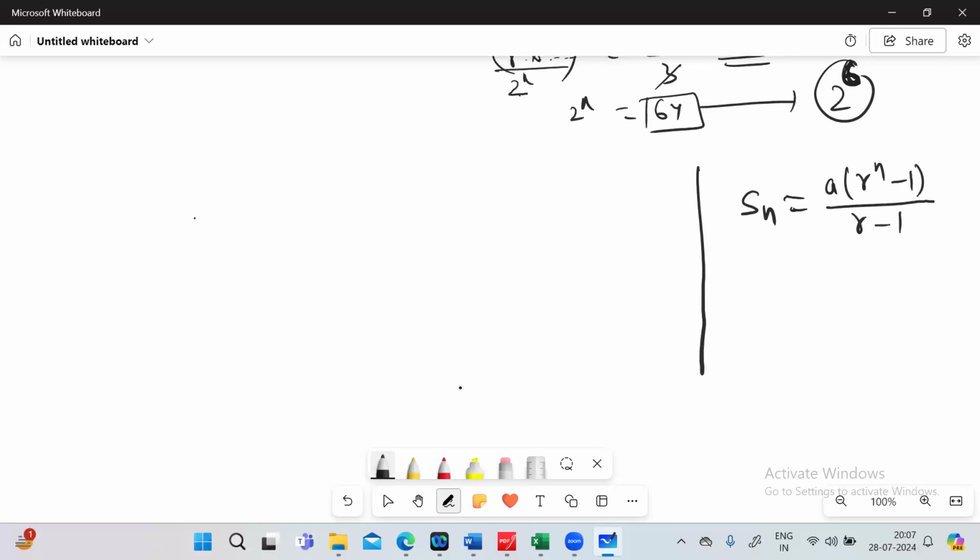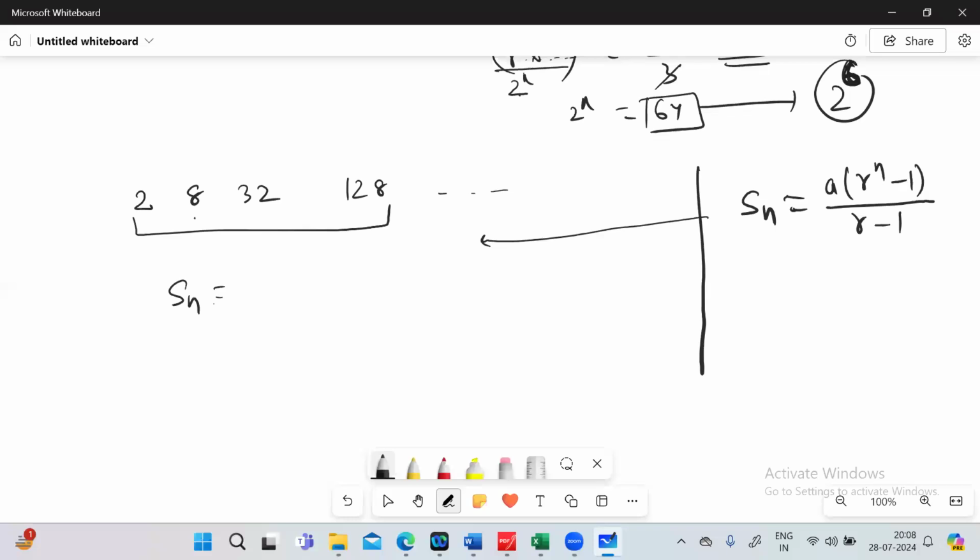So let's say I have a series like 2, 8, 32, 128, like this. And I want to check whether the formula is true for 4 terms or not.